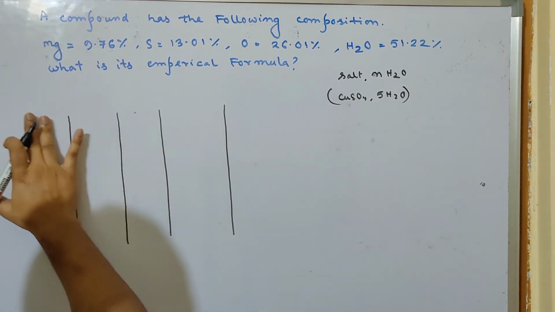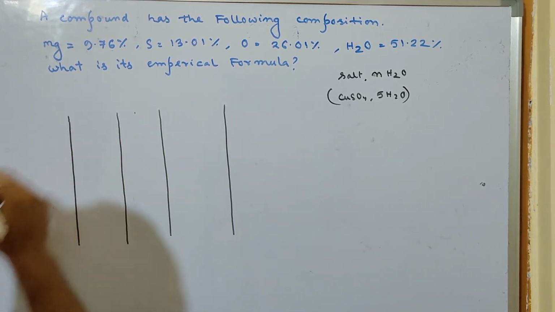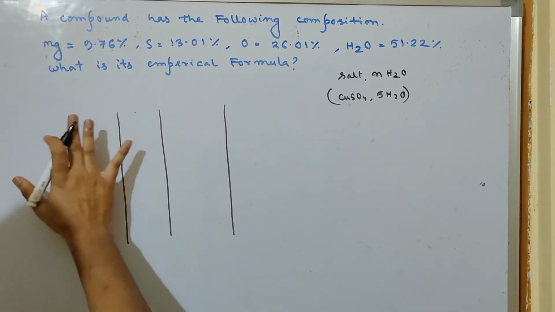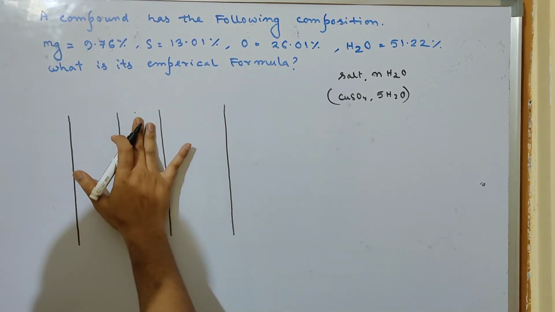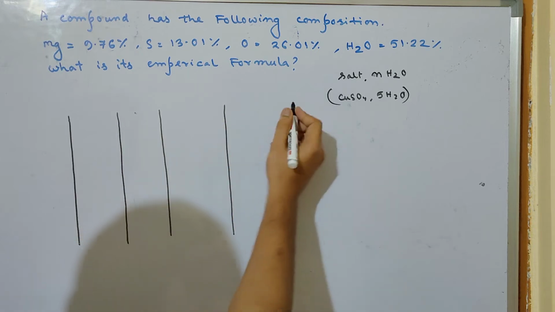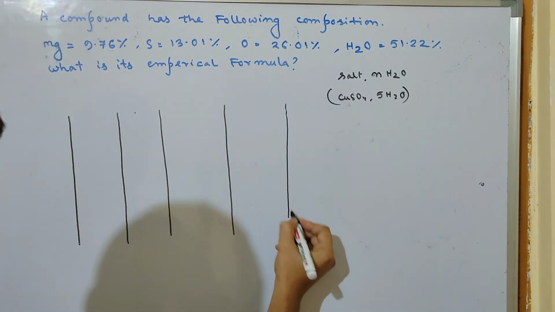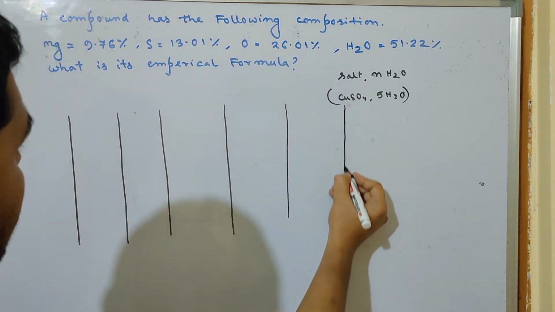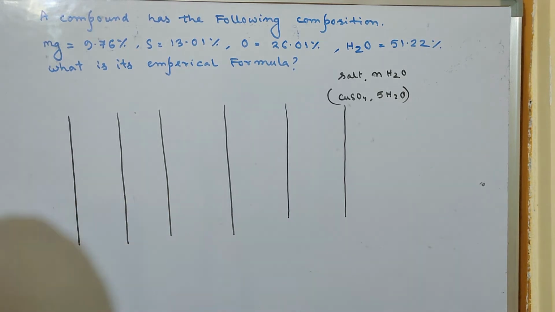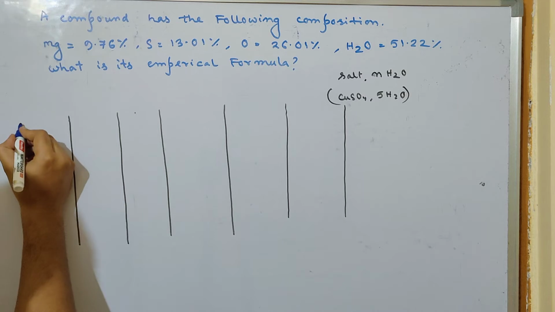So, element, percentage, atomic mass, number of moles, simple ratio, and then simplest ratio. Let me write these down.